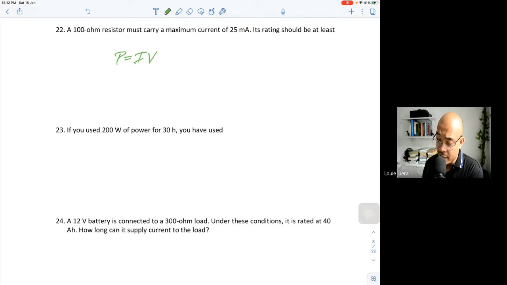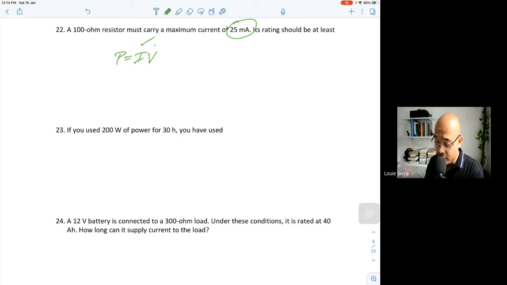We already have the current, but we don't have the voltage. So there are some options that we can do here. We can find the voltage using the current and the resistance, so maybe we can do that, and then we can do the alternative options later on.